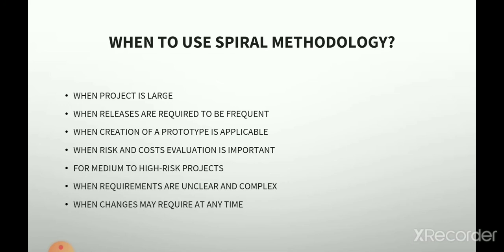When to use the spiral methodology? Means in which type of project the developer uses the spiral model. When the project is large, when releases are required to be frequent, when creation of prototypes is applicable, when risk and cost evaluation is important for medium to high risk projects, when requirements are unclear and complex, when changes may be required at any time.